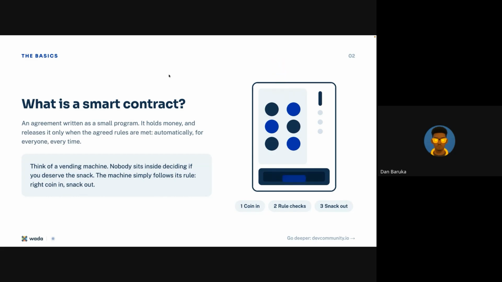I want to understand if you have an experience with smart contracts. If yes, maybe you can explain what it was. So this will help us because we have samples and use cases will match.